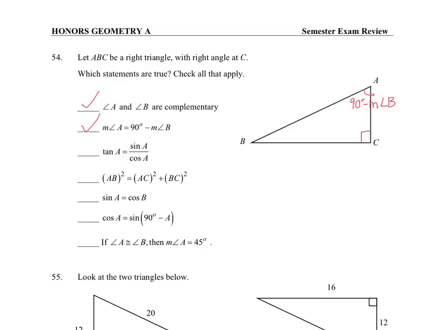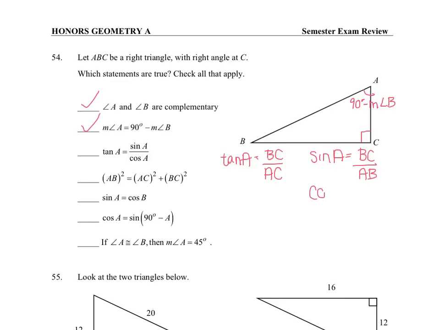Okay, tangent A equals sine A over cosine A. So let's look at this carefully. We know that the tangent of A is going to be opposite over adjacent, which is BC over AC. We have the sine of A, which equals opposite, which is BC, over hypotenuse, which is AB.